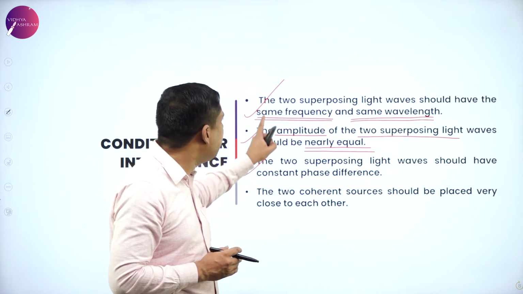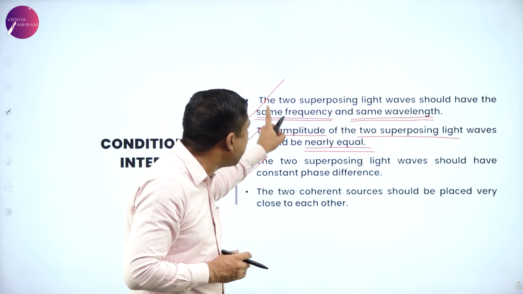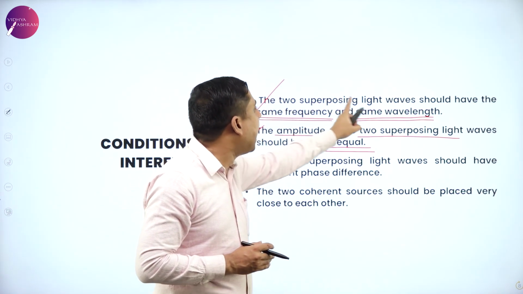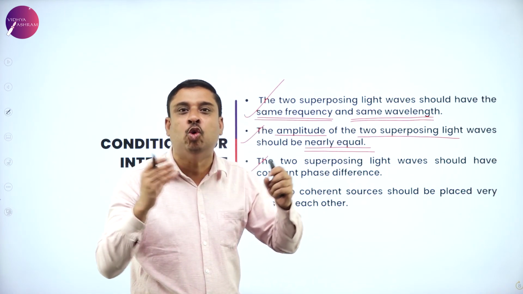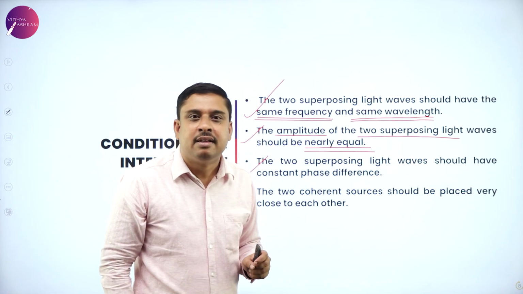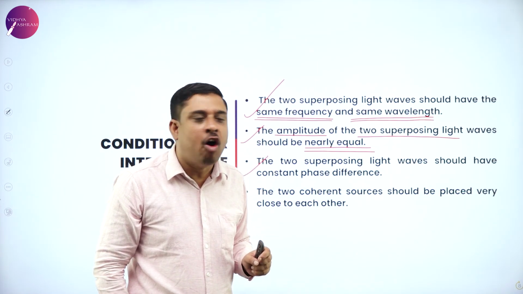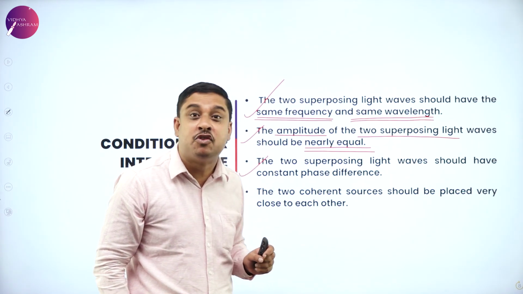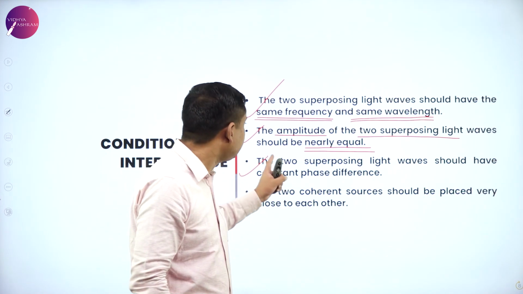So you see, they should have the same frequency and same wavelength, the two waves which superpose each other. The amplitude of the two light waves should be the same.